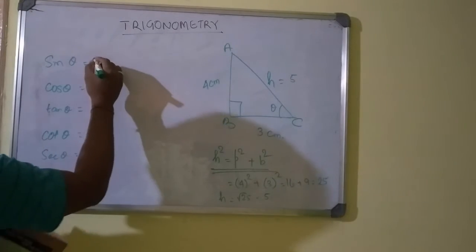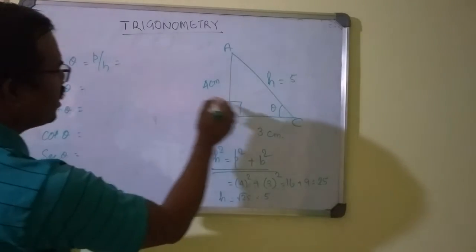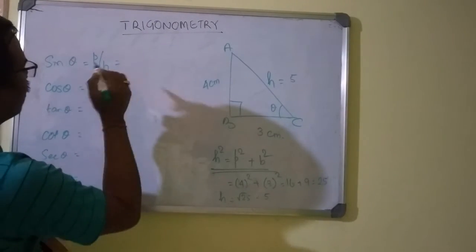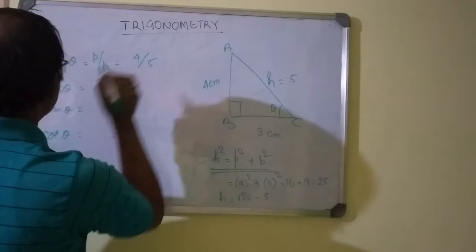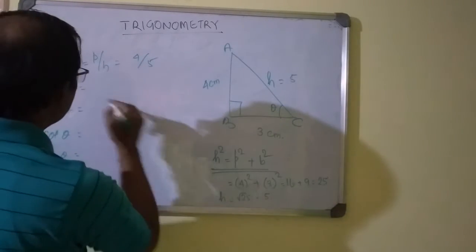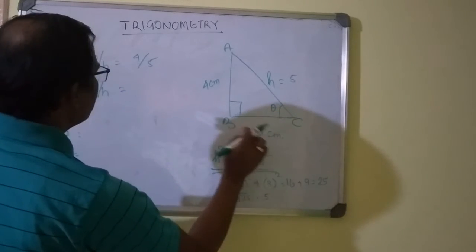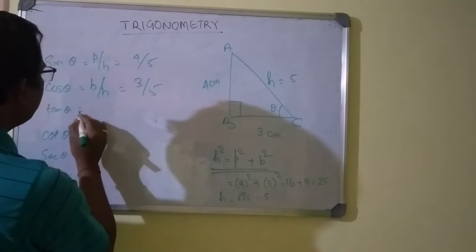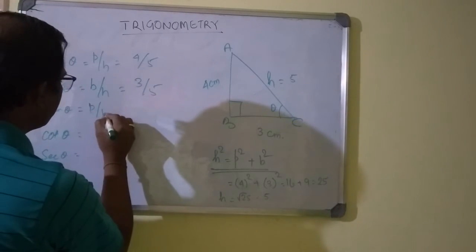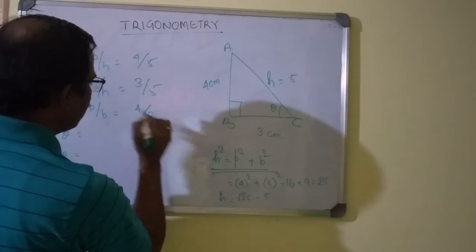Sin theta, as you know, is p by h. So p in this case is 4 and h is 5, so 4 by 5. Cos theta is equal to b by h, and b is 3 and h is 5, so 3 by 5. Tan theta is equal to p by b, which is equal to 4 by 3.